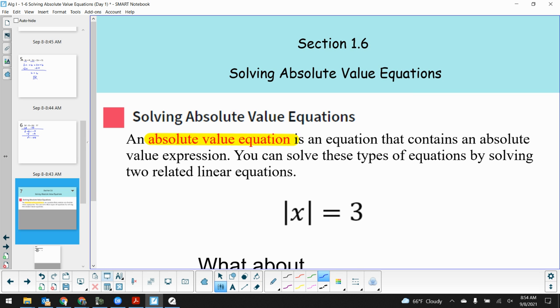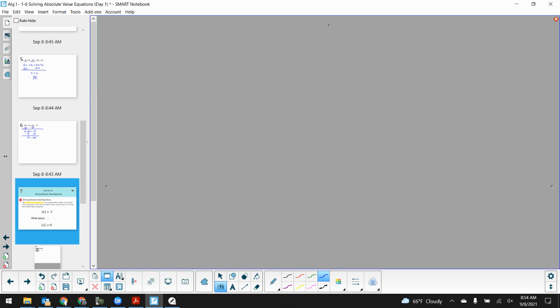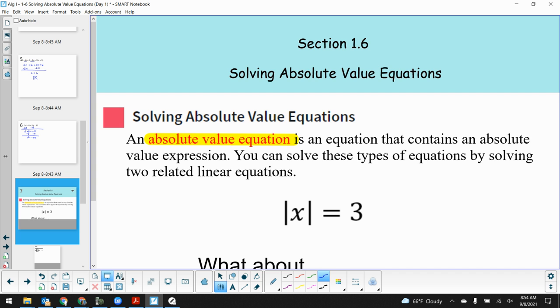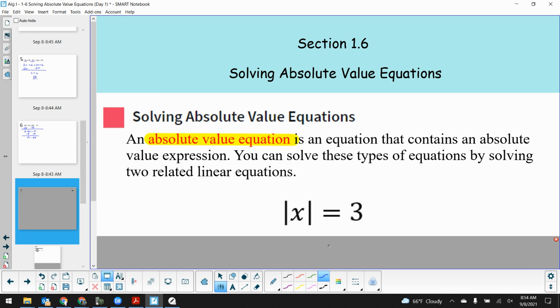Let me ask you this. What is a solution to that equation? X is 3, right? 3 is a solution because if I plug in 3 into that equation, what's the absolute value of 3? 3. Is there another solution to this equation? What else could I plug in for x to make this equation true?